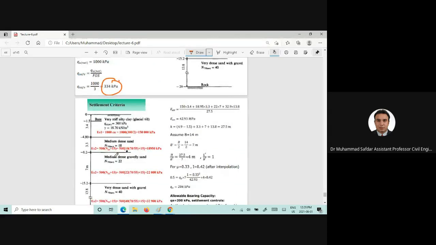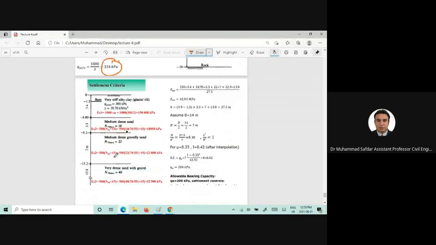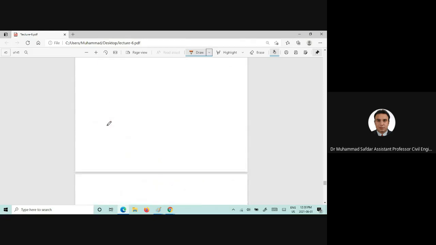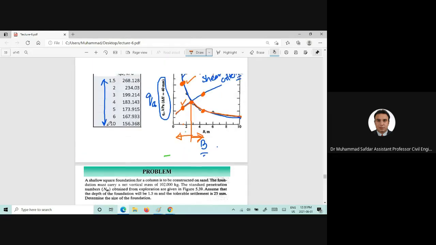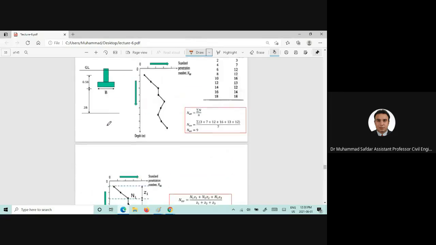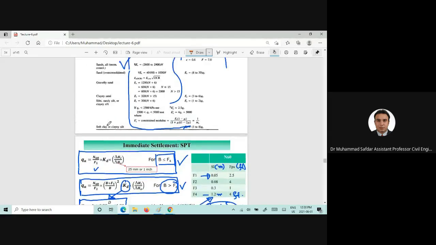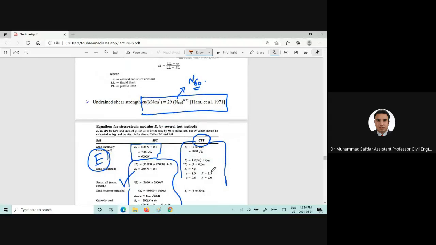Now if we want to find the modulus of elasticity, you can use different correlations, and you can clearly see those correlations given in the lengthy table to find the E values, or the modulus of elasticity values here. So these values are given here.